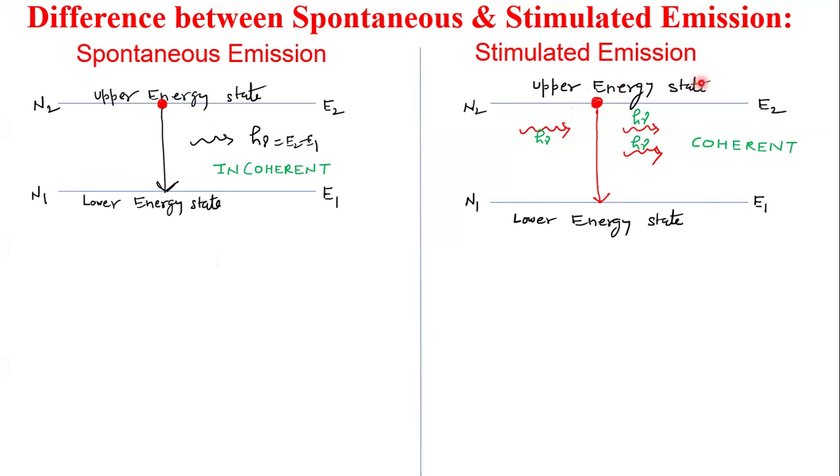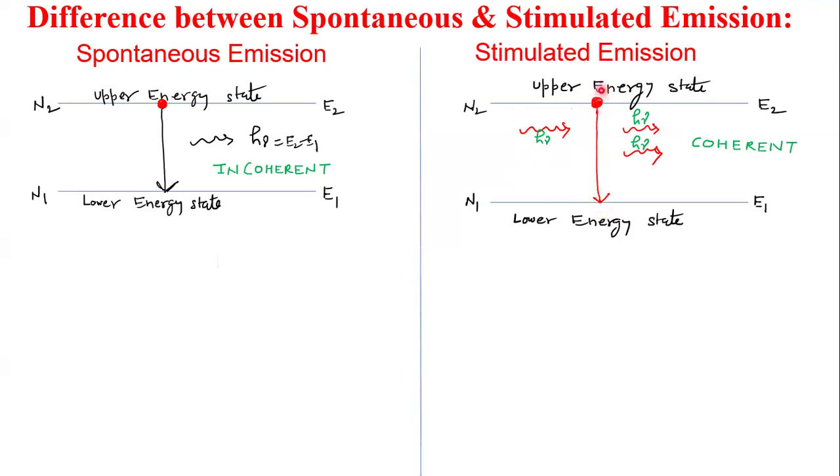Then stimulated emission, what happens basically? This is the incident photon, of energy h nu, which is obviously equal to E2 minus E1. And the atom is already in the excited state E2. After 10 to the power minus 8 second, it would have to make a transition to the lower energy state.